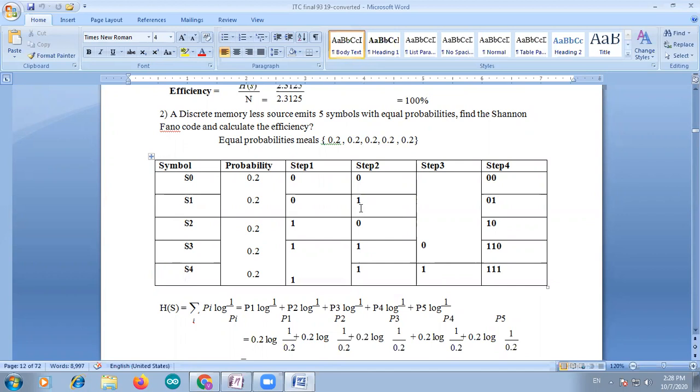A discrete memoryless source emits 5 symbols with equal probabilities. Find the Shannon-Fano code and calculate the efficiency. So here there are 5 symbols: S0, S1, S2, S3, and S4. First of all, note down the problem.